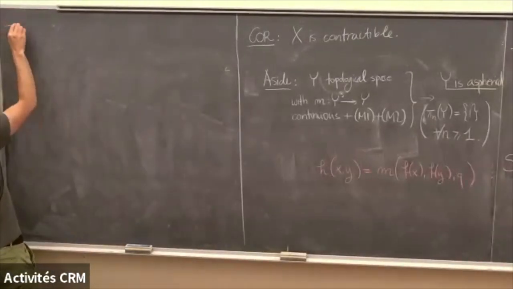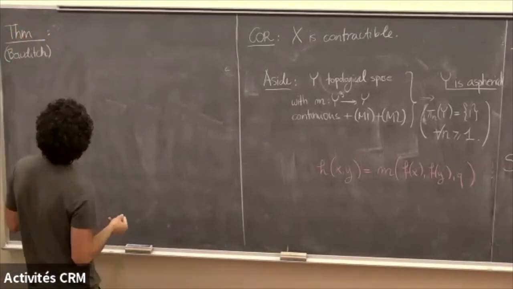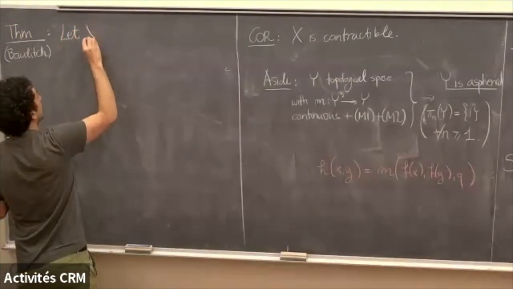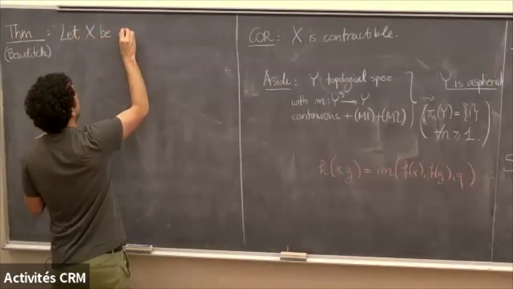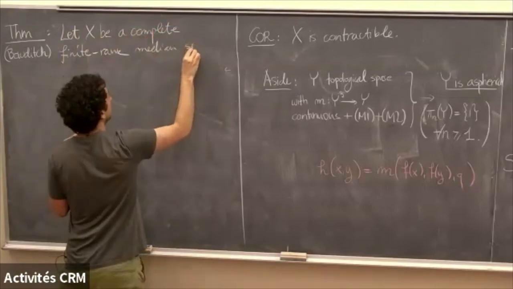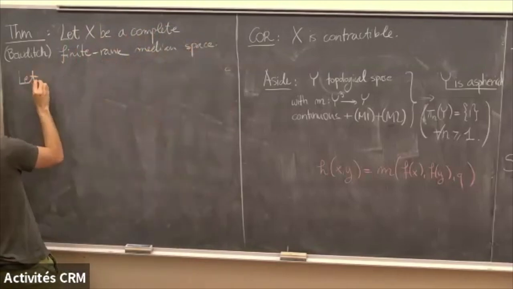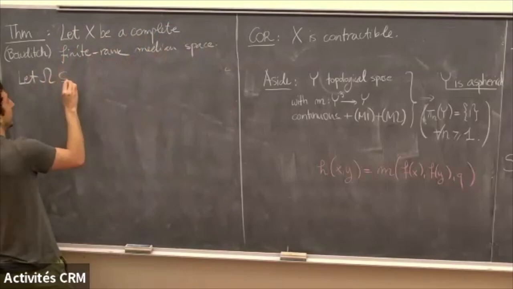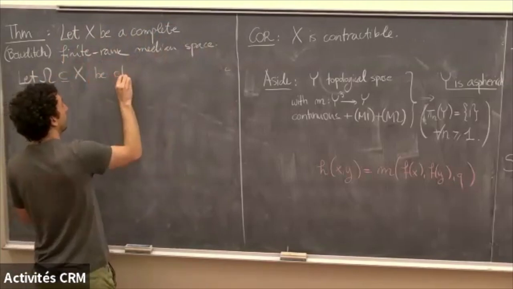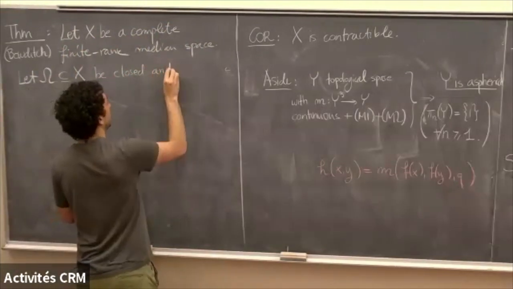So here's a theorem of Bowditch. Let X be a complete finite rank median space, and suppose you have a topological flat in it. So let omega in X be a closed subset that is homeomorphic to R^n.